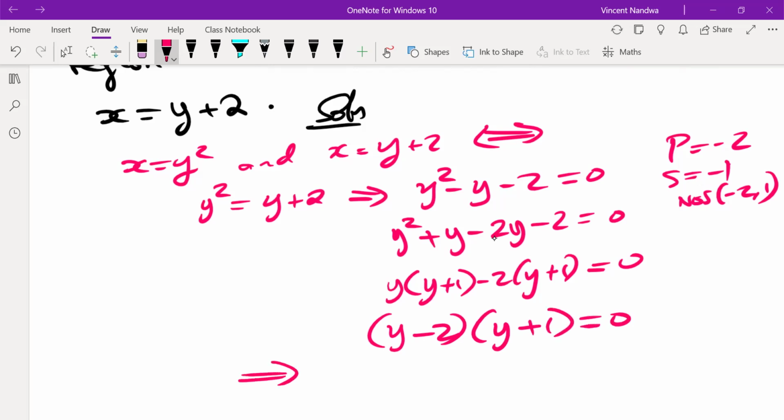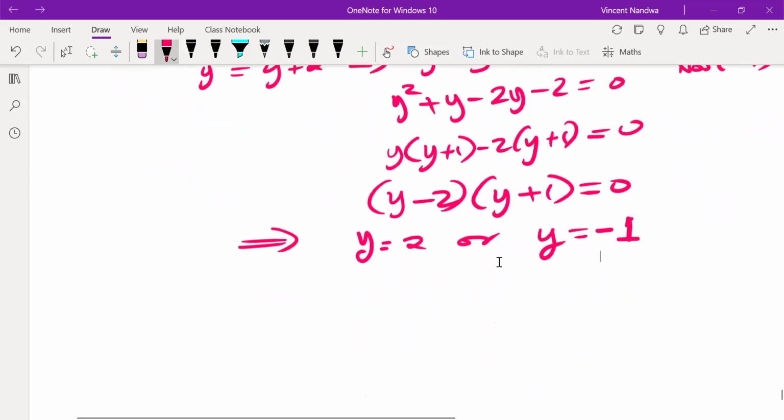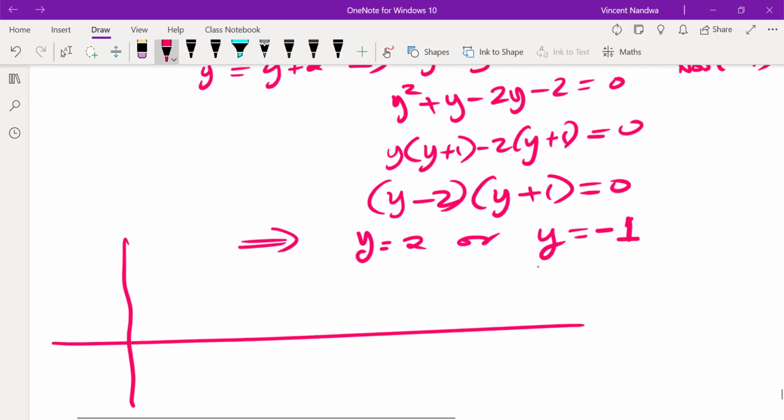So which means that we'll have y equals 2 or y equals -1. That's where the two graphs are meeting.